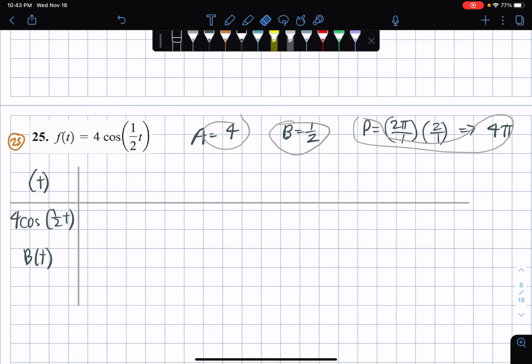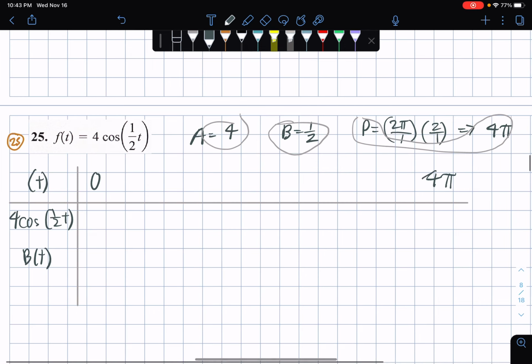So provided that the period is 4 pi, the last t value would be 4 pi and the first one would be 0. 4 pi divided by 2 is 2 pi. 2 pi divided by 2 is pi.